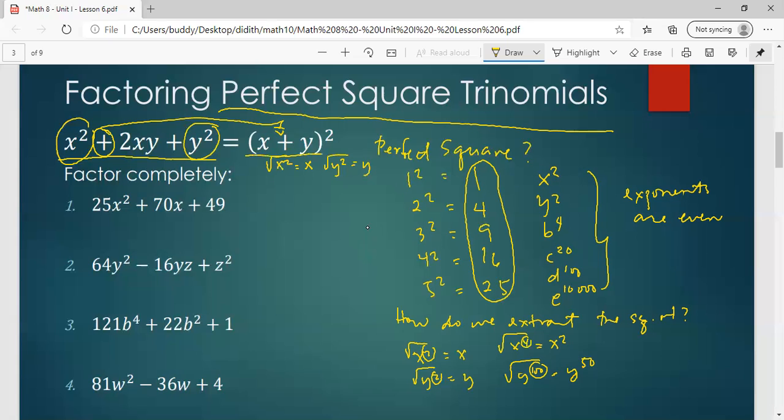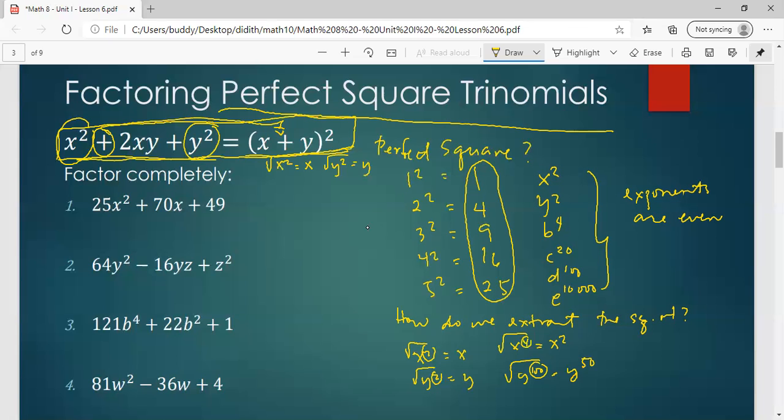So that would be the factors. Now, this pattern is familiar because the right side of the formula is actually the square of a binomial. We have made use of this in special products, particularly the square of a binomial. And the square of a binomial, class, will always be a perfect square trinomial.